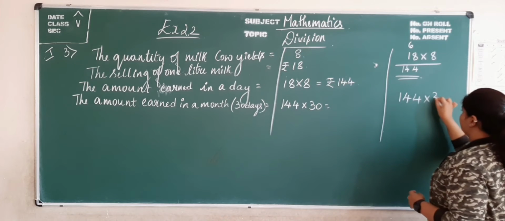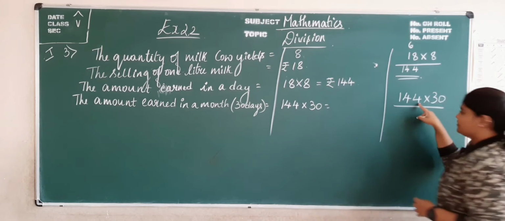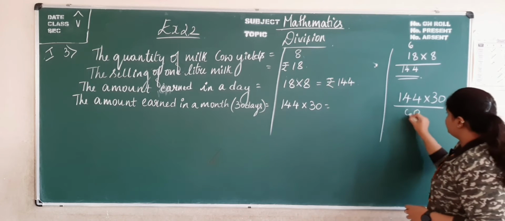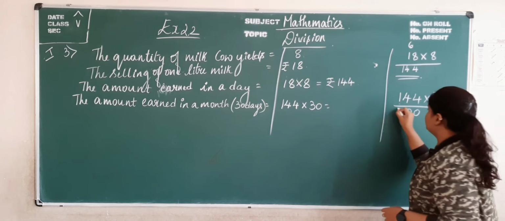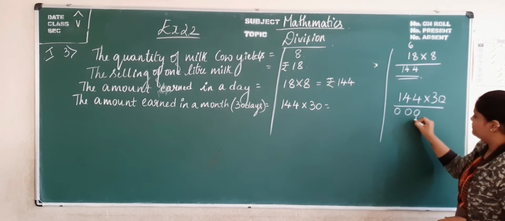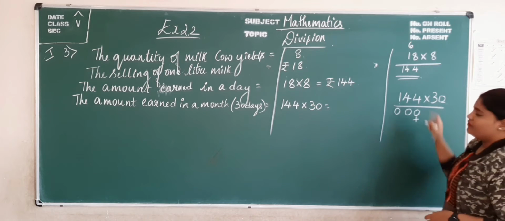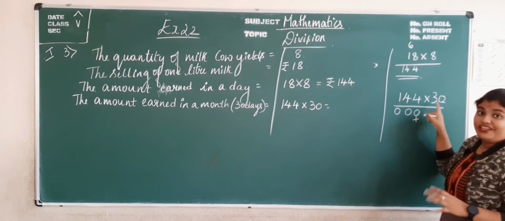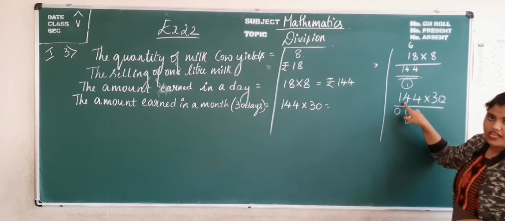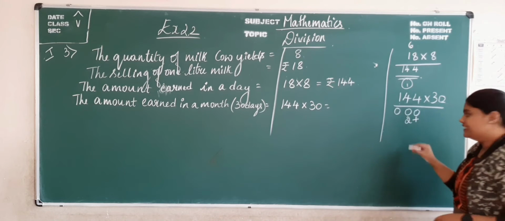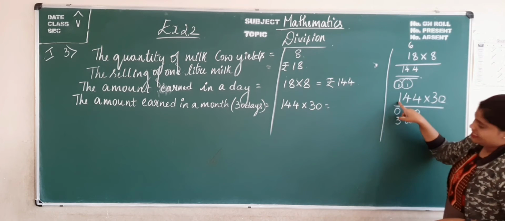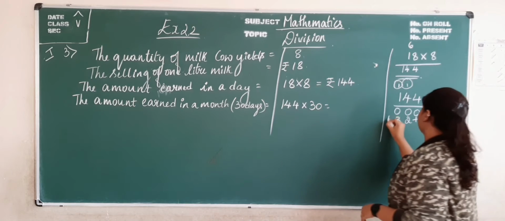144 into 30. First, 0 4s are 0, 0 4s are 0, 0 1s are 0. Next, one digit we have taken, so I am taking the second digit, so I wrote plus. 3 4s are 12, so 2, 1 carry. 3 4s are 12, 12 plus 1 is 13, so 3, 1 carry. 3 1s are 3, 3 plus 1 is 4.